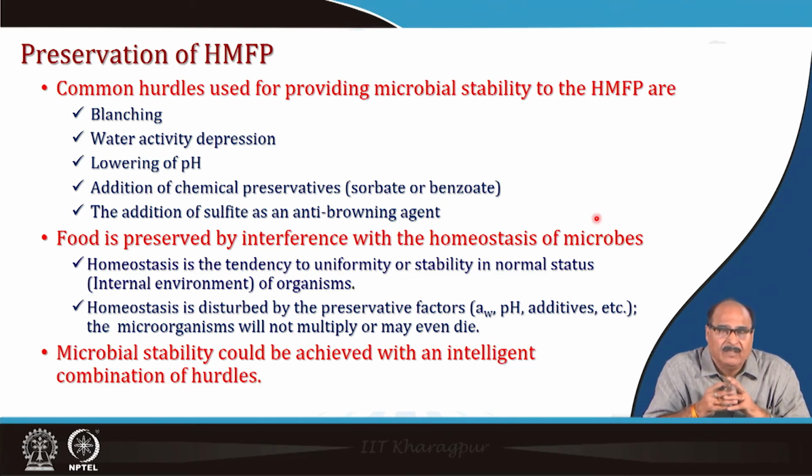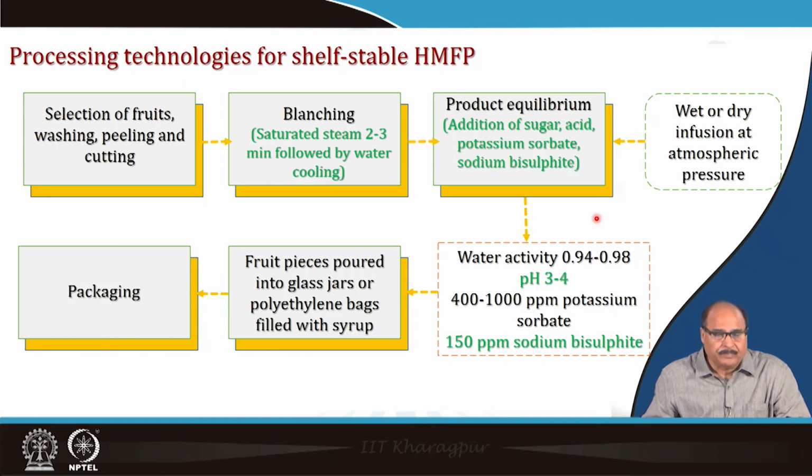What is the mechanism? Homeostasis is the tendency of uniform stability in normal status. Homeostasis is disturbed by the preservation factors, and the microorganism will not multiply, or even eventually it will die.